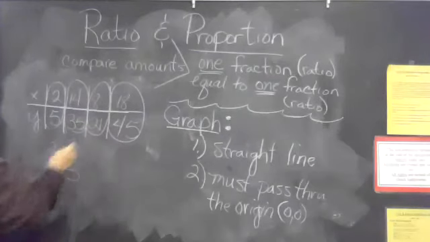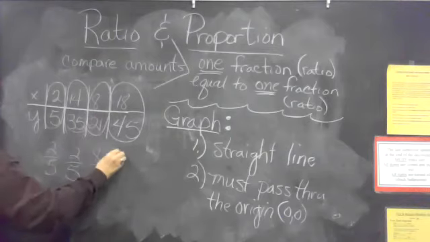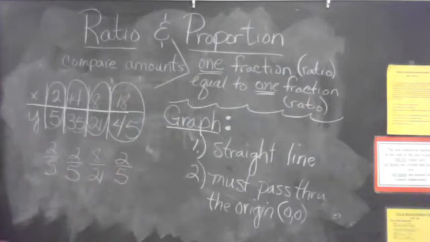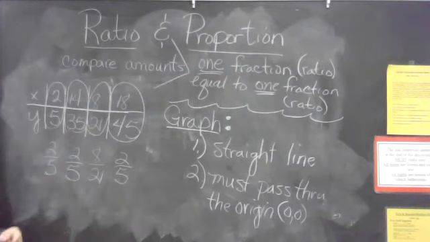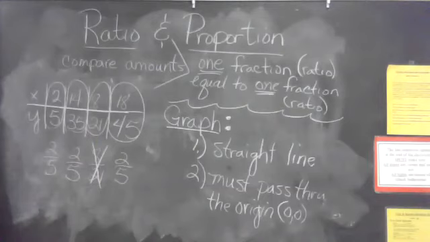But 8/21 will not simplify, so it's 8/21. And again, we have 2/5. So it does not matter that all of the others simplify. Every one of them has to simplify to make it a proportion. And since this doesn't simplify to the same as the rest, it is not a proportion. Are we good?